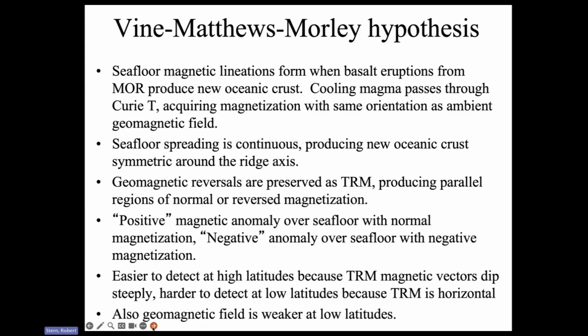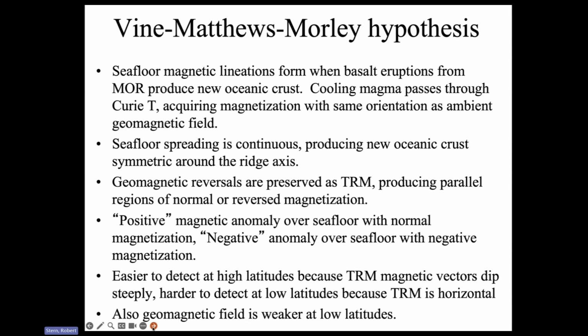So the Vine-Matthews-Morley hypothesis: seafloor magnetic lineations form when basalt erupts from the mid-ocean ridge, producing new oceanic crust. The cooling magma, as it's erupted, passes through the Curie temperature, acquiring a magnetization with the same orientation as the ambient geomagnetic field.